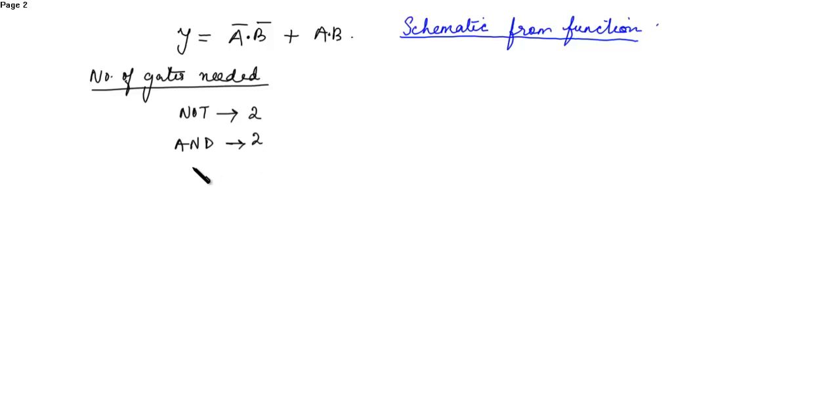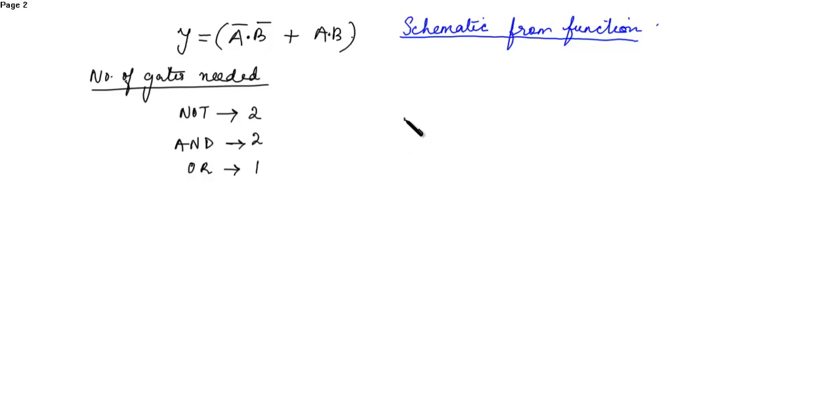Then the number of OR gates needed is 1, that is for A bar B bar plus AB. So now if you try to implement this at a gate level diagram, then you need two inverters.